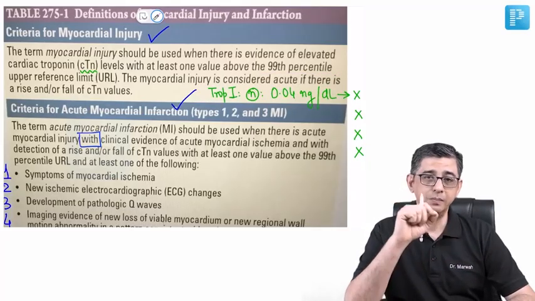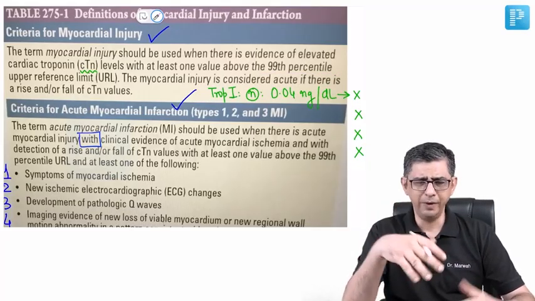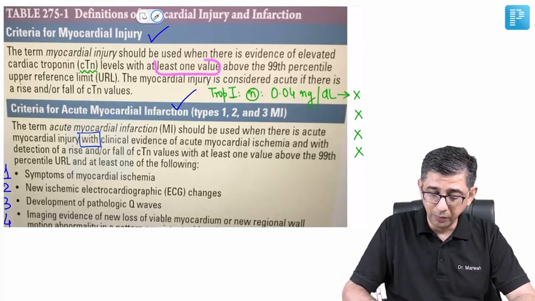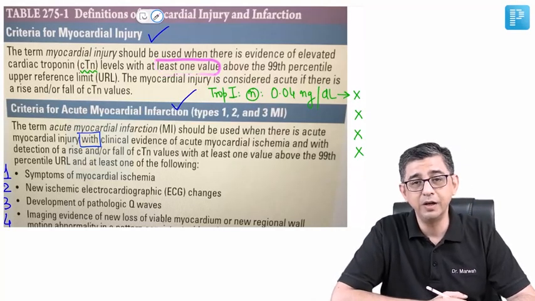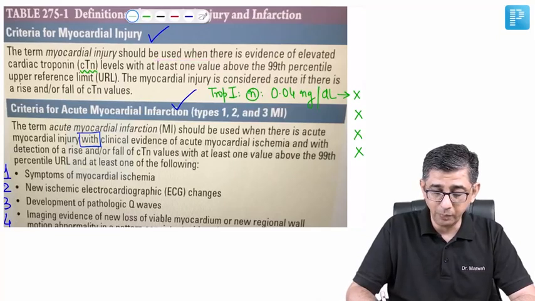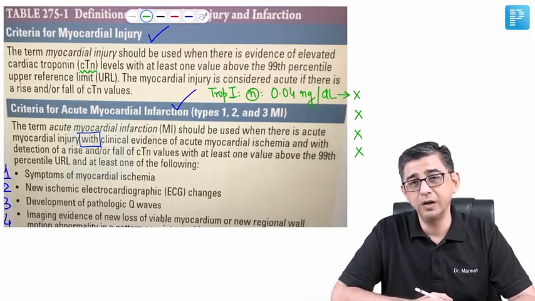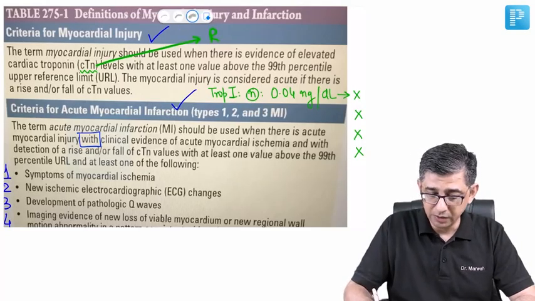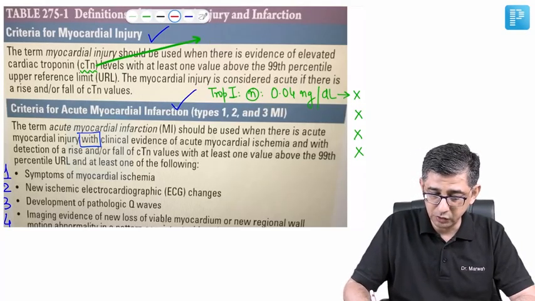He might make it sound sophisticated and that might overwhelm you. He has written at least one value above the 99th centile because troponin I is not going to rise immediately. If they ask when the rise would occur, in fact, I'll use a different color to highlight this.